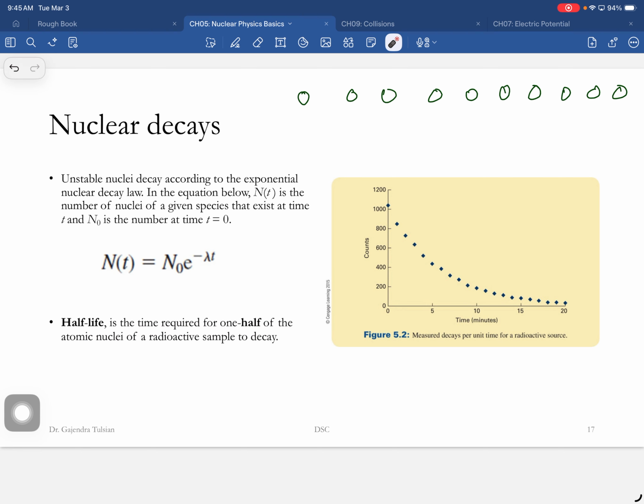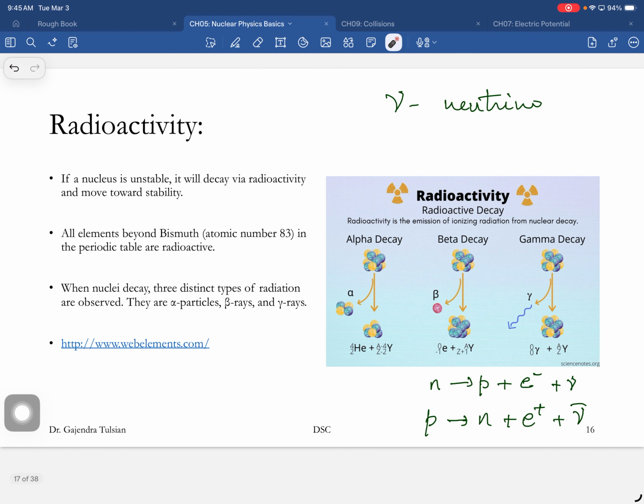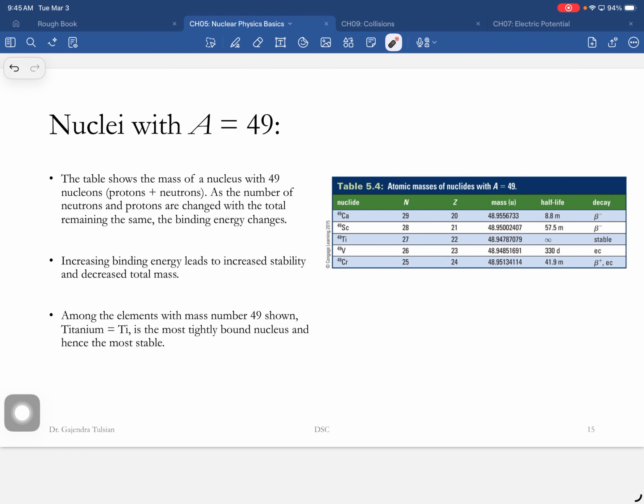If a neutron turns into a proton, it has one more proton. So this calcium-49 becomes... where is calcium? Look, calcium is on the 4th row, the second one. Everybody see that? That's calcium.